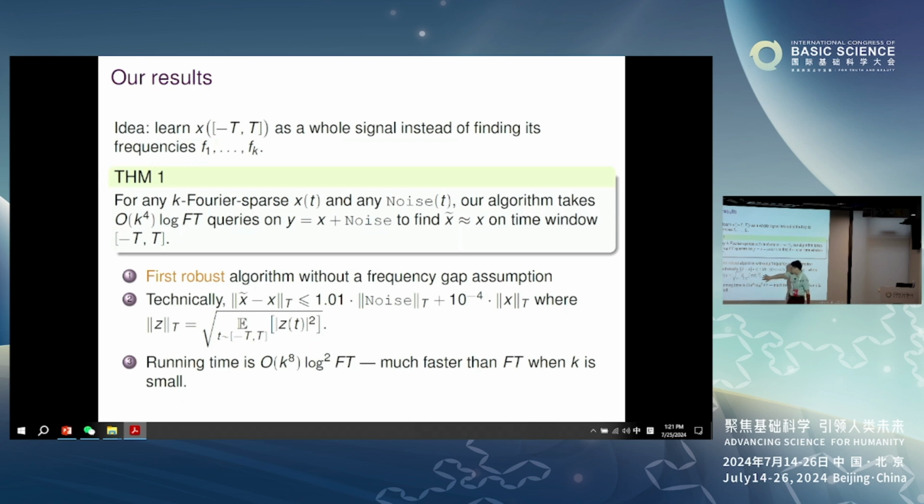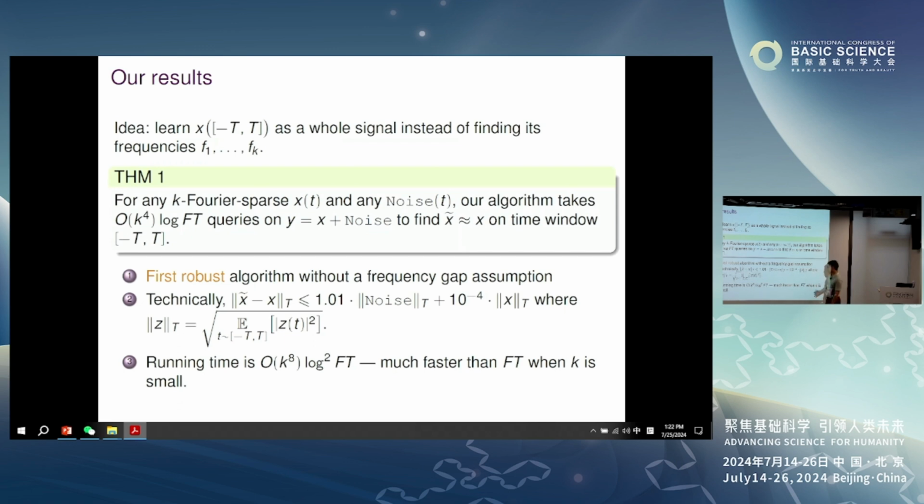This is the definition of the expected L2 norm, and our guarantee will be that the distance between x tilde and x in this expected L2 norm is at most 1.01 times the noise plus a tiny constant times the L2 norm of x itself. This constant we can make arbitrarily small, but since the noise can be adversarial, the 1 is necessary, and we can get this arbitrarily close to 1. So that's the guarantee of this approximation.